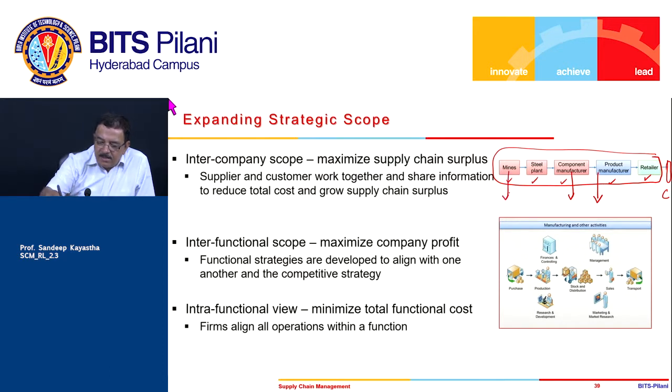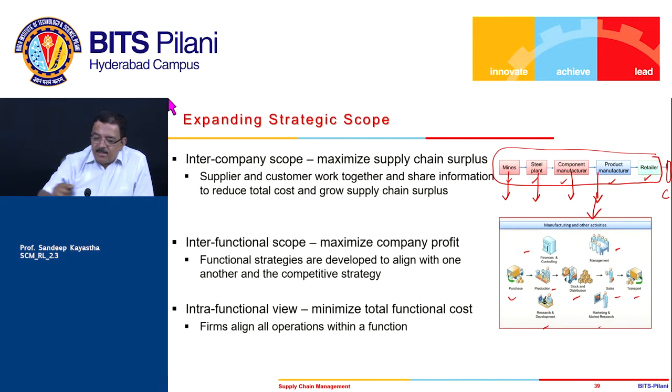What the mines need to do inside its operation and what the steel plant needs to do inside its operation. In a company, there are several operations. For the manufacturer, the operations could be purchase, production, stock and distribution, sales, transport, market research, research and development, finance, and management.